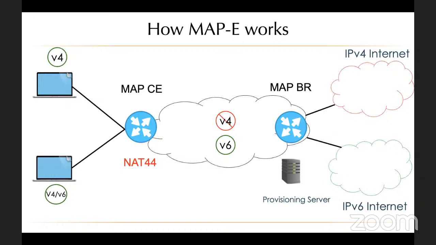The server responds with the BMR, the basic mapping rules. These basic mapping rules are the same in a MAP domain, right? So the MAP domain should just be a domain which shares the basic mapping rule, that is the same prefix and the same public IPv4 address. And then of course the ports are going to be different based on what we call the sharing ratio that has been configured.